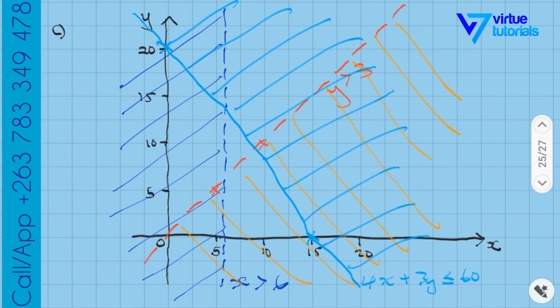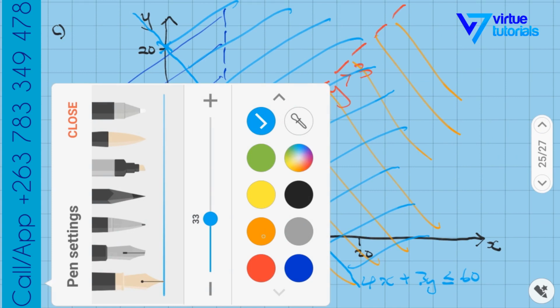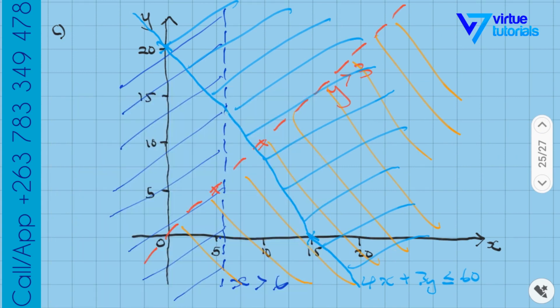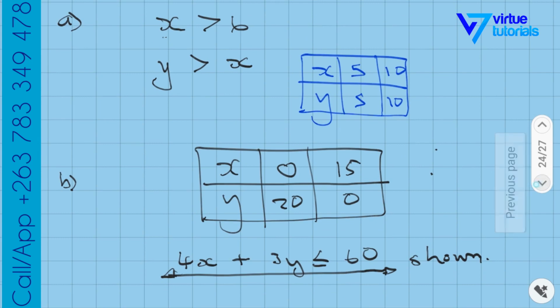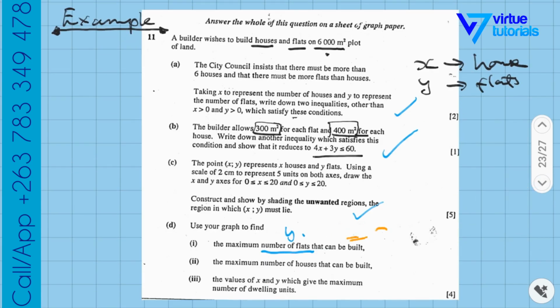So in this region, the largest y value we can find is probably somewhere here, which is probably 13, right? So the largest number of flats that can be built is probably 13, right? I advise you to take graph paper and draw this to scale and actually find the accurate number.